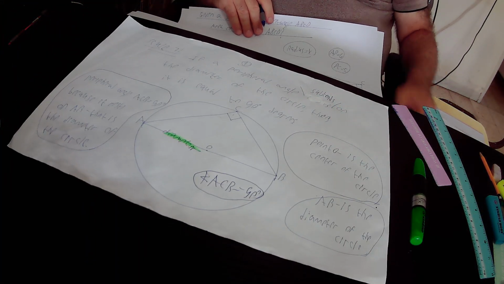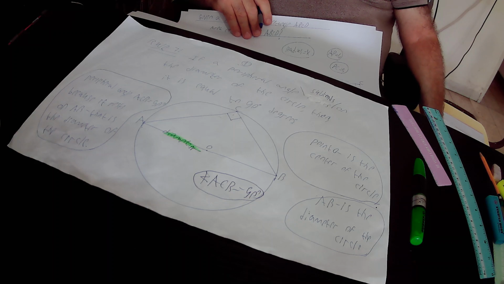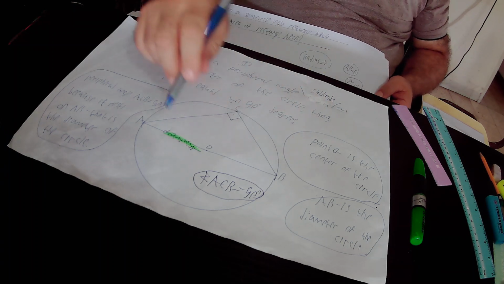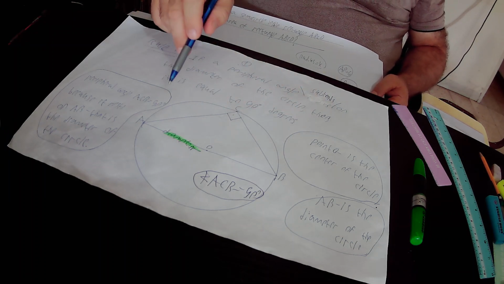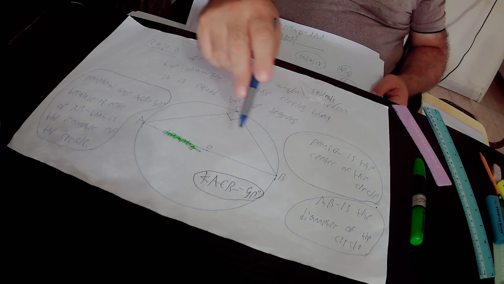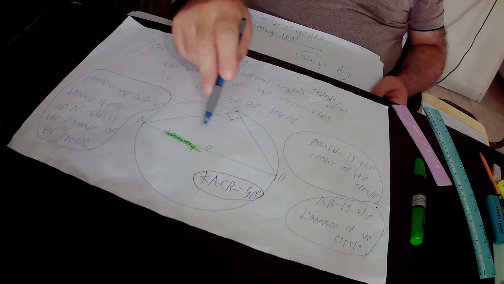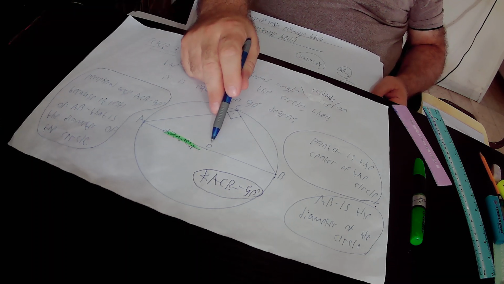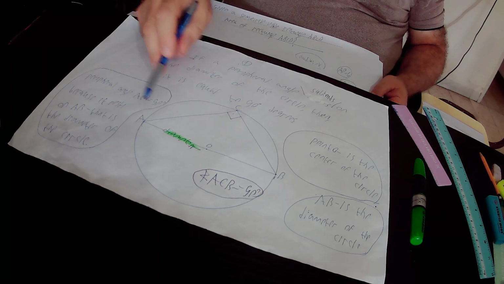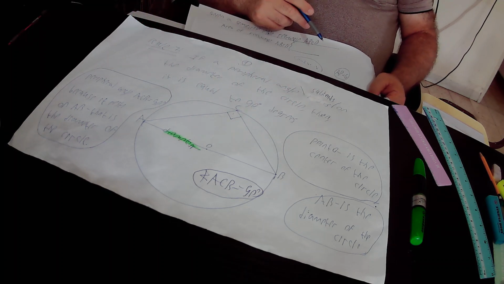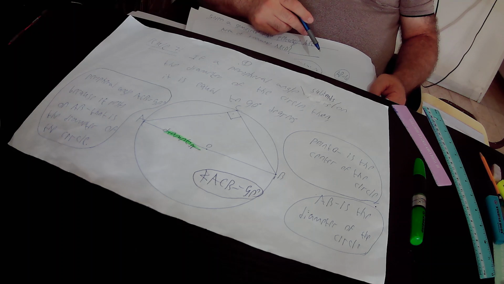According to rule 7, if a peripheral angle subtends on the diameter of the circle, then it is equal to 90 degrees. So in the drawing we have a circle. This is chord AB. That is defined as the diameter because it passes through point O, that is the center of this circle. So AB is the diameter of this circle.